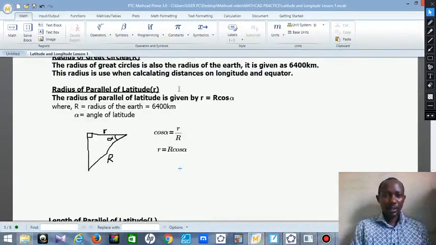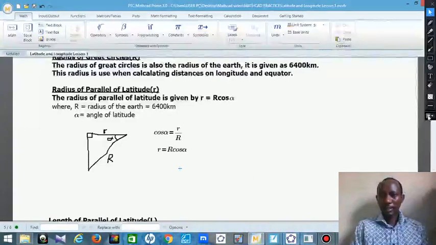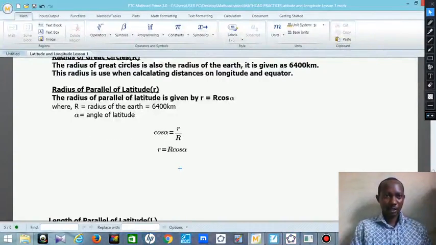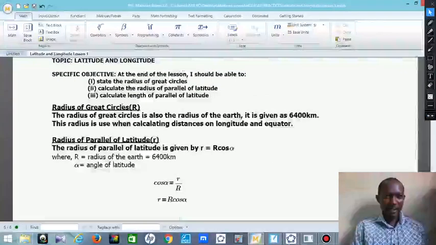Okay, before we go straight to the example, I want us to look at this very example. It will help us very well. Okay, let me remove this sketch we had here. So I want us to look at the objective again. I said calculate the length of parallel of latitude.